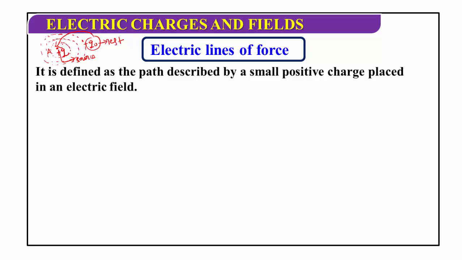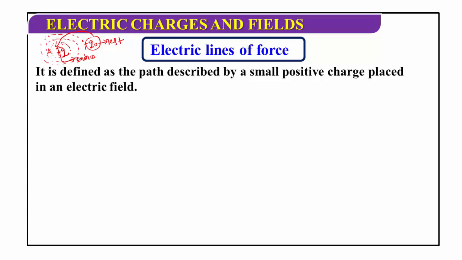Whichever direction it moves, that path we call an electric field line, or electric lines of force. It is defined as a path described by a small positive charge placed in an electric field. It is also called electric field lines.